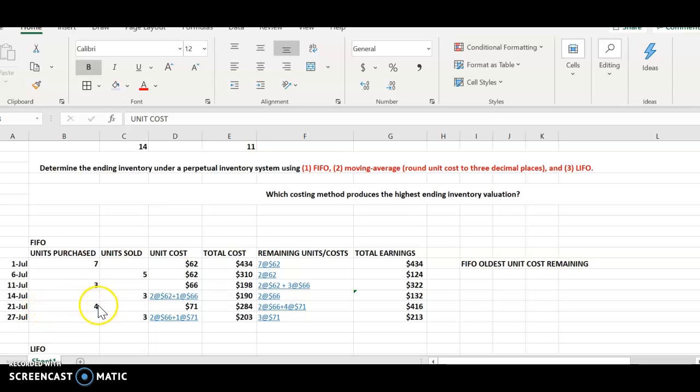And then on July 21st, we purchased 4 units at $71. If we multiply this, the total cost will be $284.